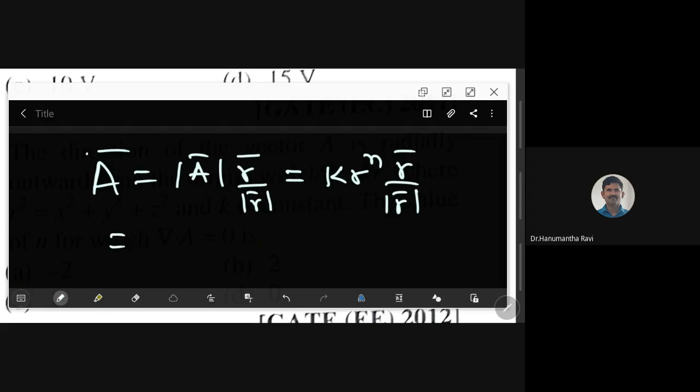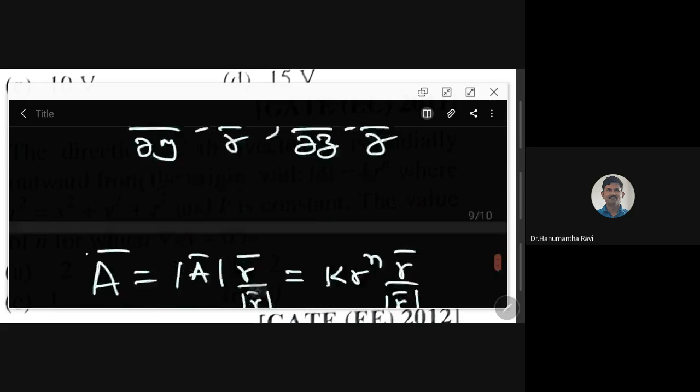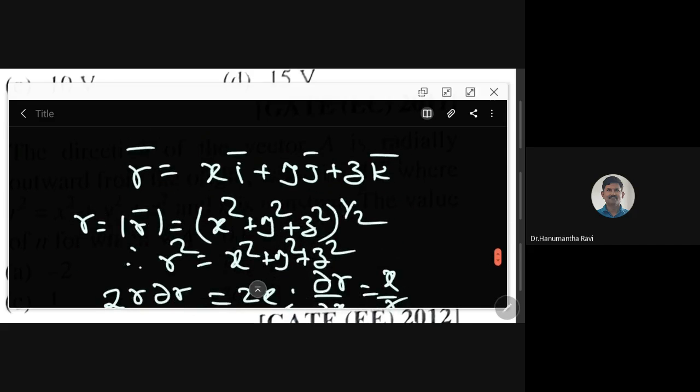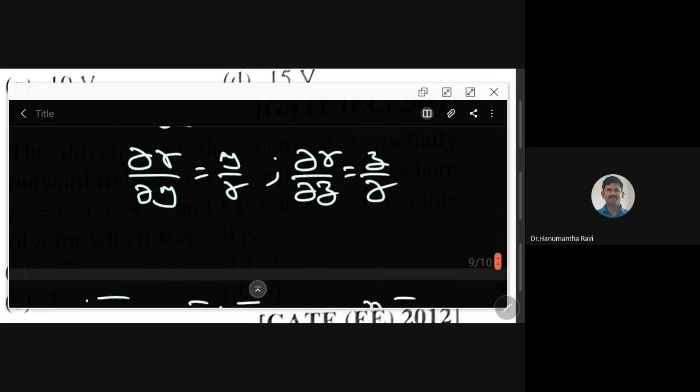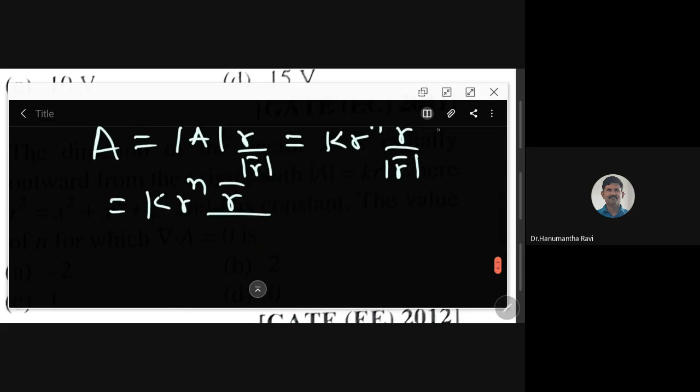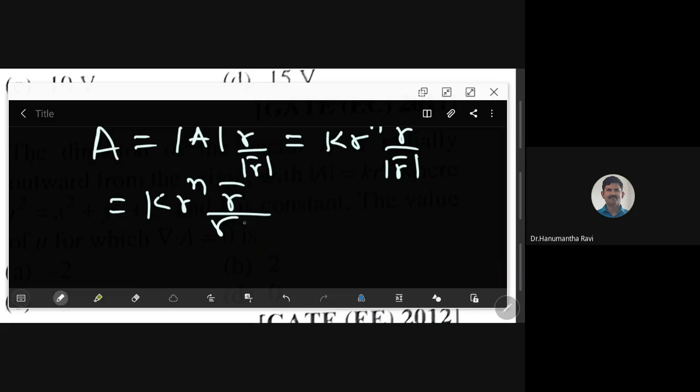But we know that modulus of r bar, see already here, is r. We are representing it by r. So I can simply write r here. So this results in k r power n minus 1 into r bar. K r power n minus 1 into r bar.